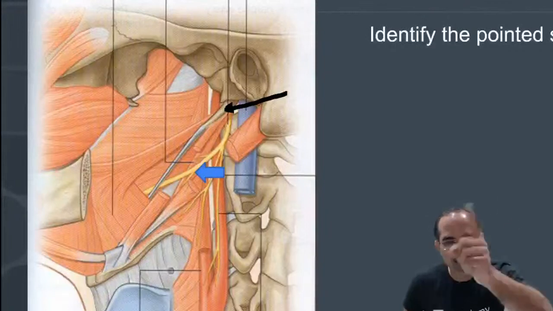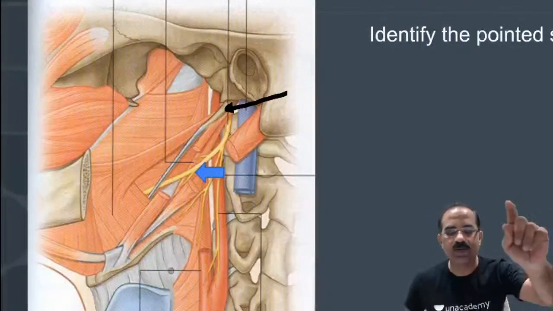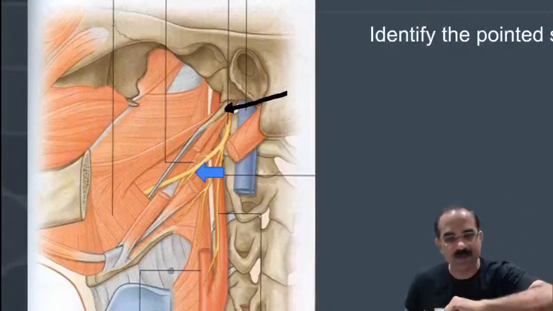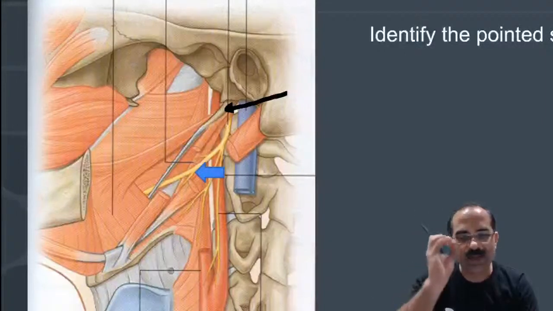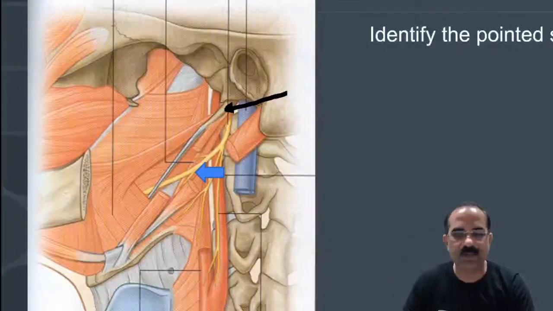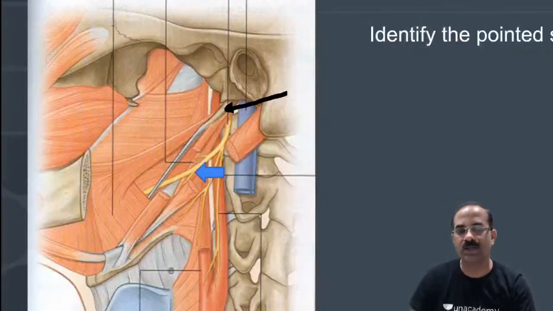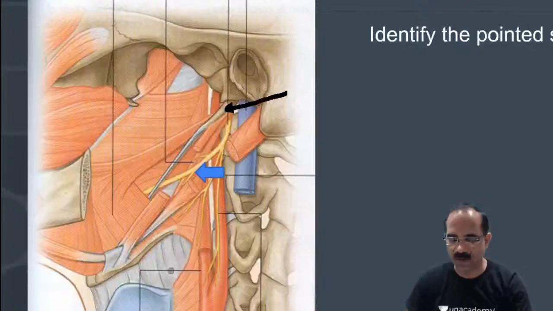Everything beginning from S is derived from which pharyngeal arch? Second pharyngeal arch. Very good. Everything beginning from S, meaning the lesser wing, the smaller corner of the hyoid bone, the styloid process, the stylohyoid ligament, all the structures are derived from the second pharyngeal arch.